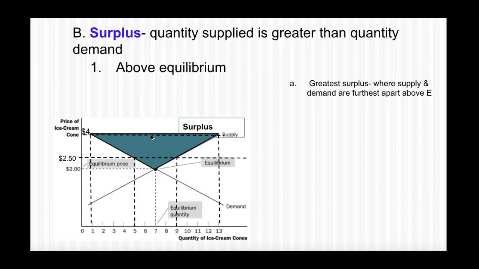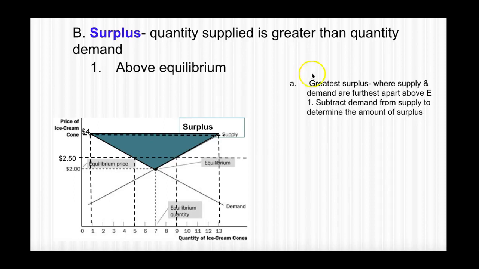To figure out how much of a surplus there is, all you have to do is subtract the demand from the supply. We already talked about at $4, we had 13 that I'm willing to sell and only 1 person willing to buy, so there's a surplus of 12. That's how I figure out the greatest surplus.